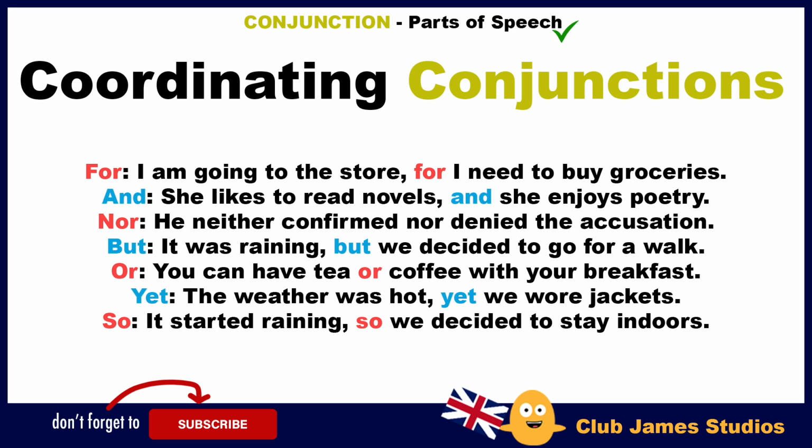For: I am going to the store, for I need to buy groceries. And: she likes to read novels, and she enjoys poetry. Nor: he neither confirmed nor denied the accusation.